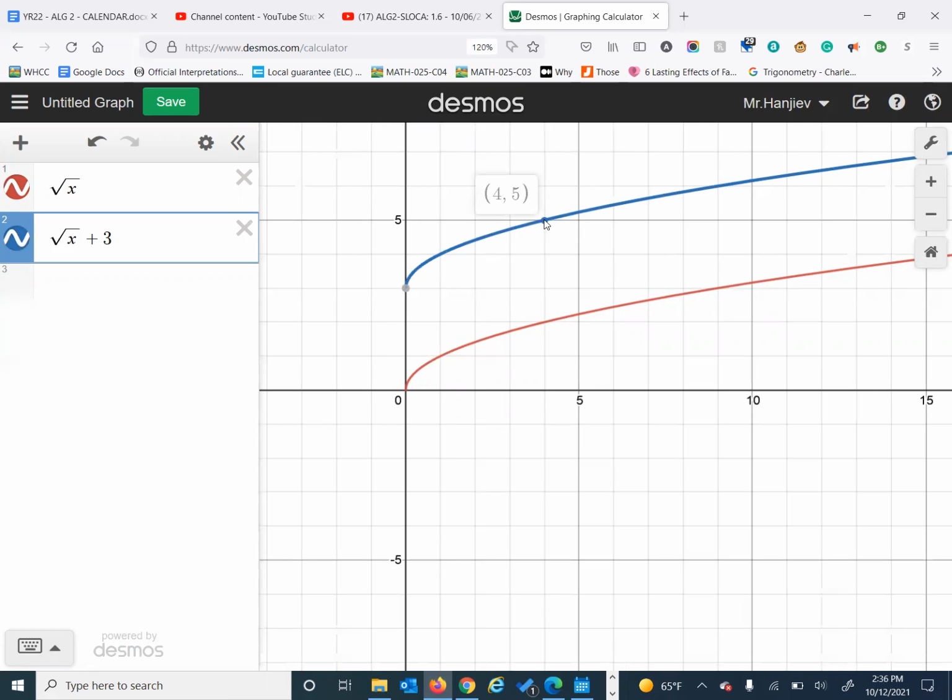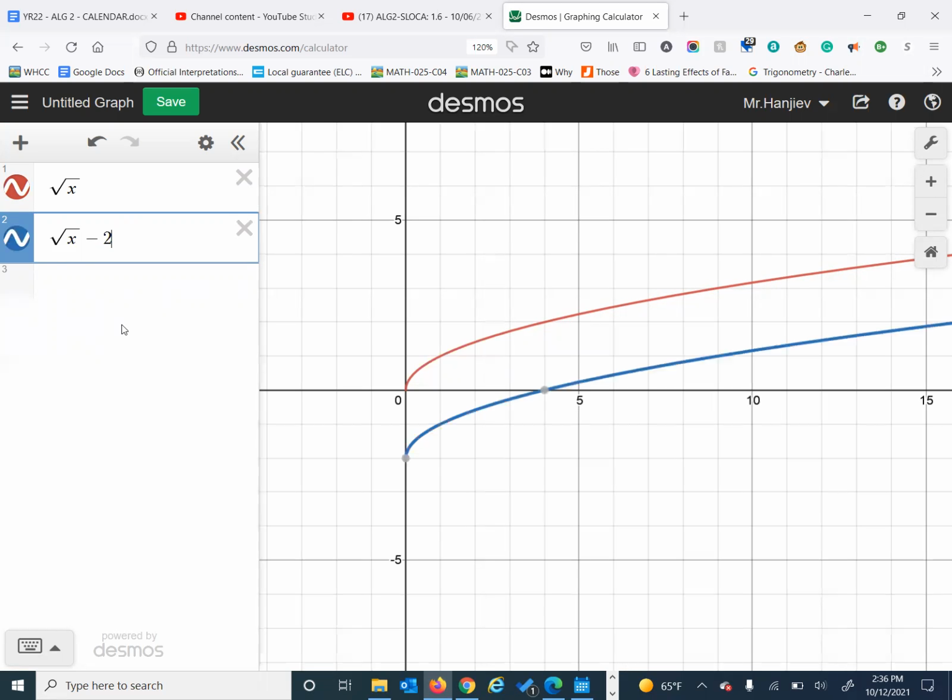So the y value is 3 units up each time. Okay. Minus 2. Again, predict where the graph's going to be. There it is. 0, 0 now became 0, -2. And notice that the curve is exactly the same though, right? Notice the curve just goes out like that each time. Okay, so there's our shift.